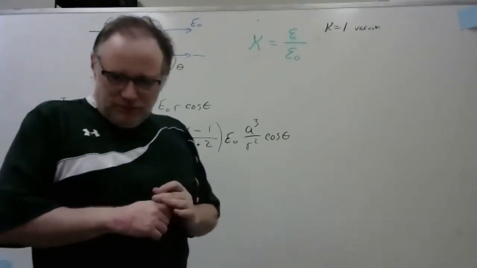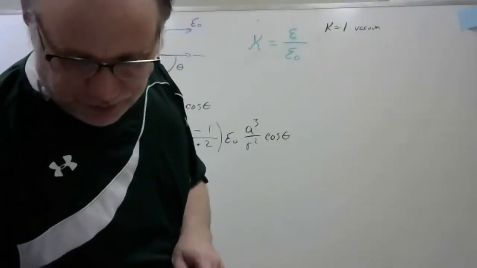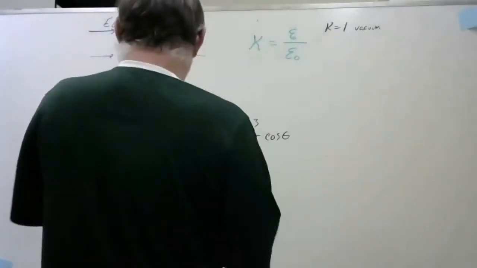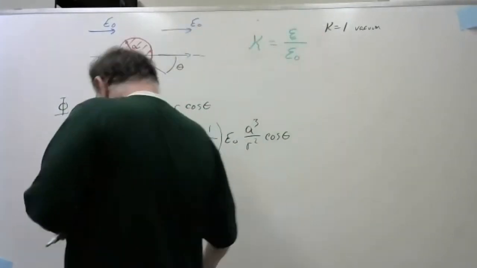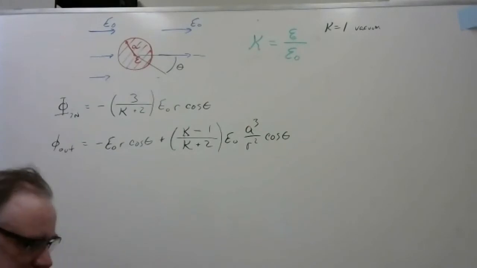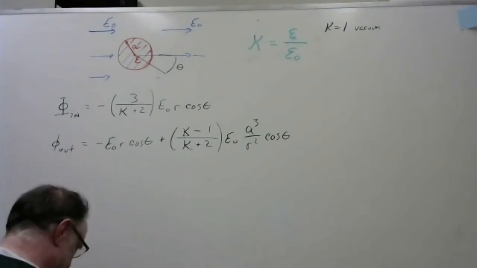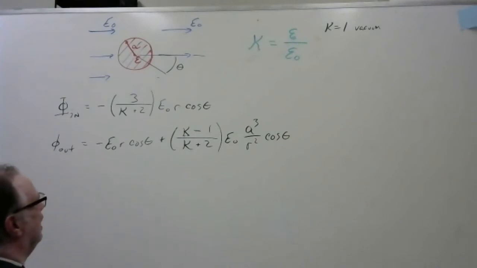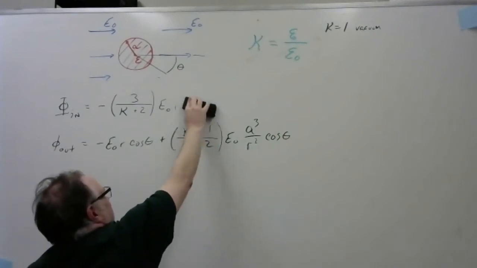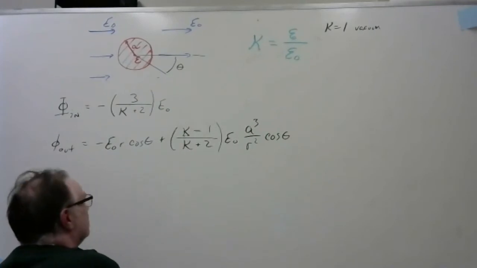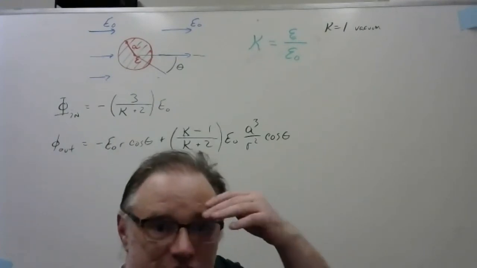So what we want to look at now is what's going on with the field inside and outside. So we'll take a look at the field inside. The first thing I'm going to do is change this up a little bit, because this r cosine theta in Cartesian land, what's r cosine theta in Cartesian coordinates?